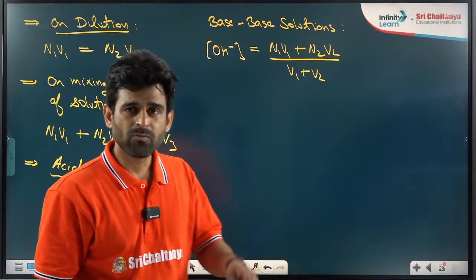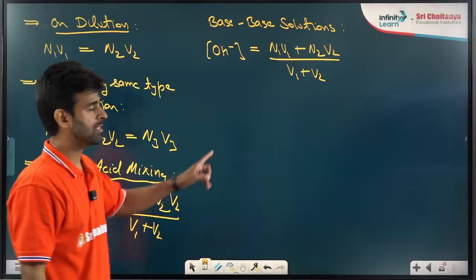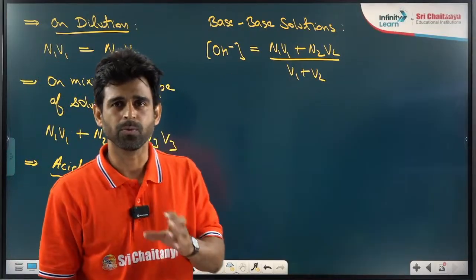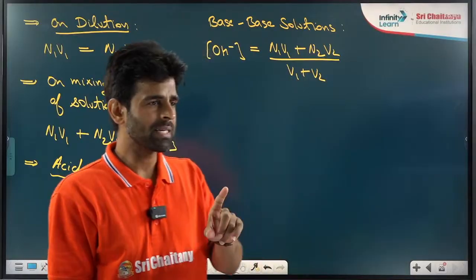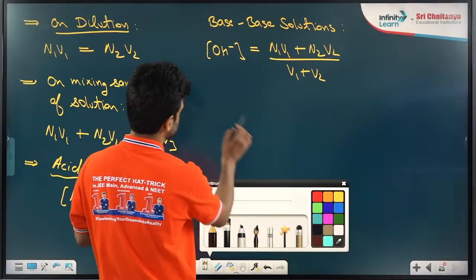Here 1 and 2 are acid solution 1 and acid solution 2; in the base case, they are base solution 1 and base solution 2. Clear? I am taking one example here. Carefully try this question.